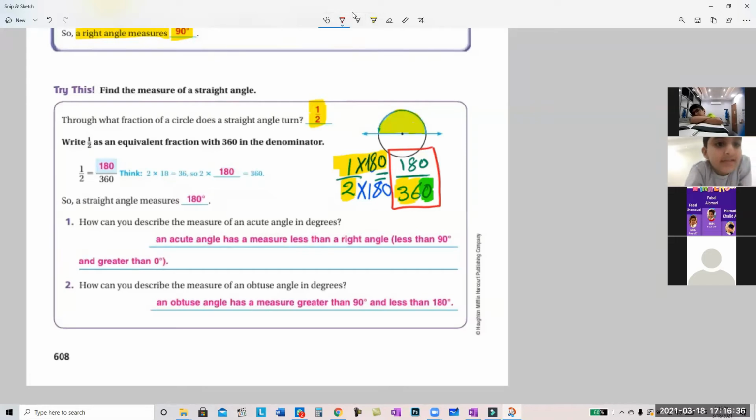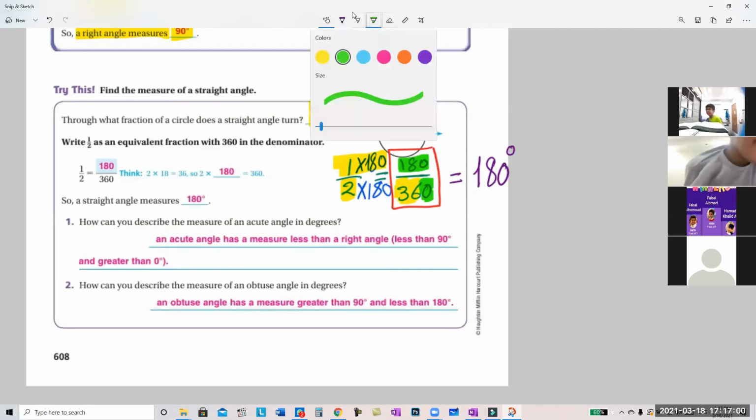So how can we convert it into degrees? All we have to do is take the upper part, the numerator, which will be 180, and don't forget to put the symbol of degrees. So it will be 180 degrees.